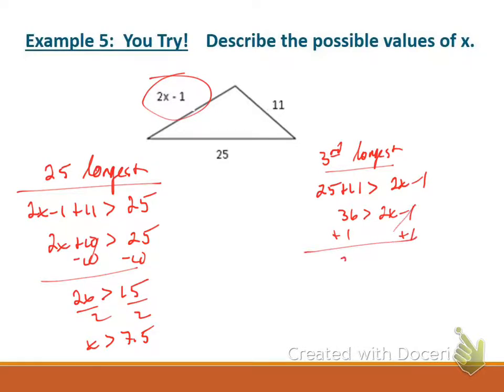So you solve this inequality, and you find x needs to be less than 18.5. Okay? So if you want to write it as a compound inequality, x has to be between 7.5 and 18.5.